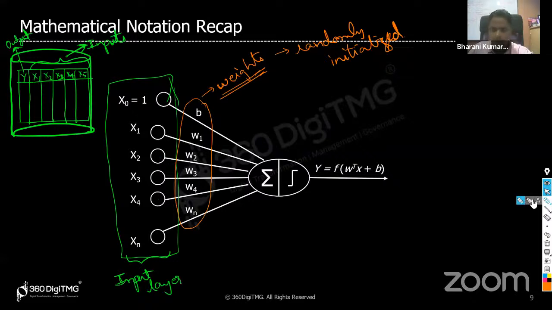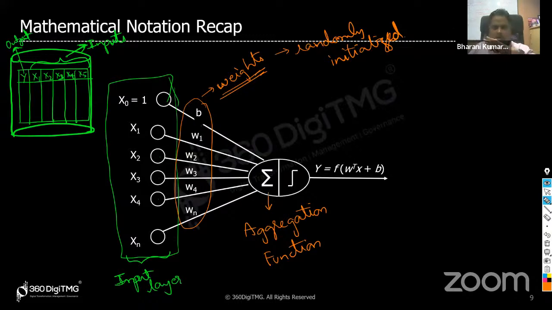So you are going to now aggregate all of these. The aggregation function is applied, and usually the aggregation function which is applied is summation. Summation is used.